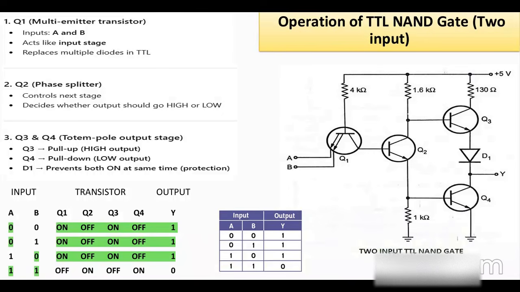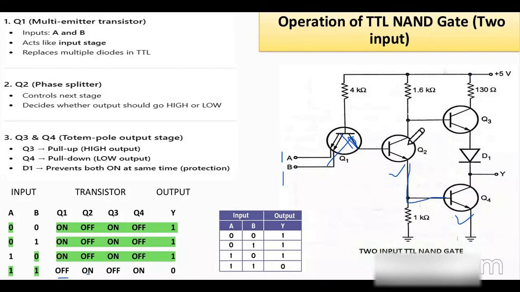अभी 1 1 में क्या होगा? If it is 1 1, Q1 is in the off condition, and the collector of this Q1 has a high voltage, so Q2 is in the on condition. Because Q2 is on, Q4 is also in the on condition because it gets sufficient current over here.